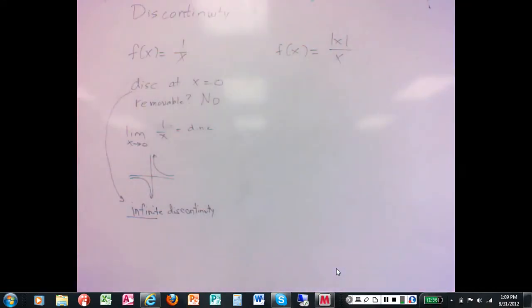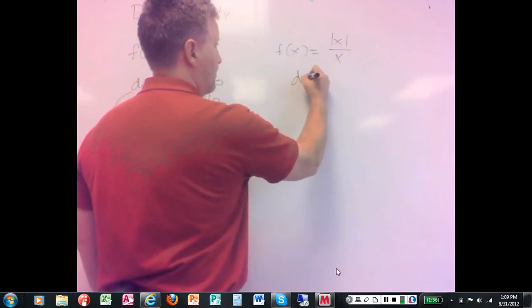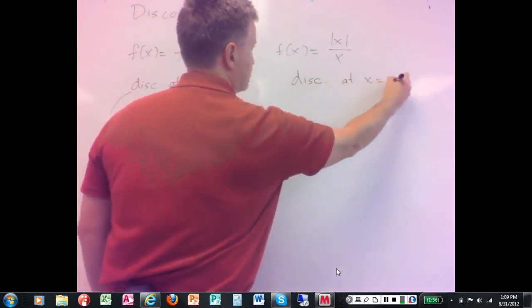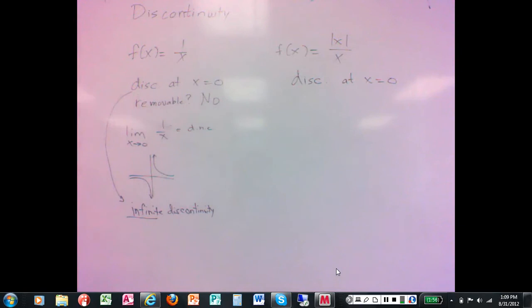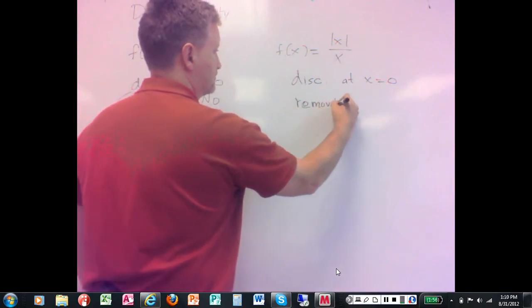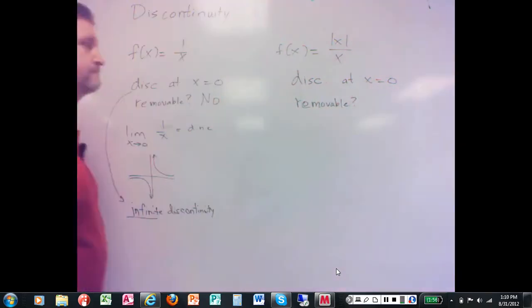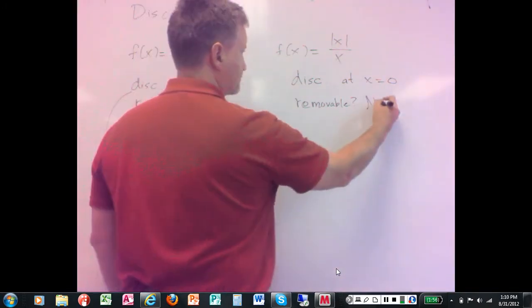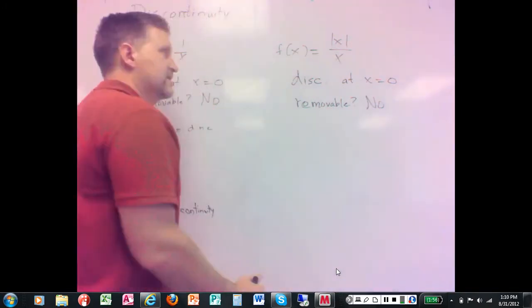And then the other one is the one like we had earlier. F of x equals the absolute value of x over x. Again, we've got a discontinuity at 0. But that one also, let's look at it. Removable? No. No, it's not. Here's why.